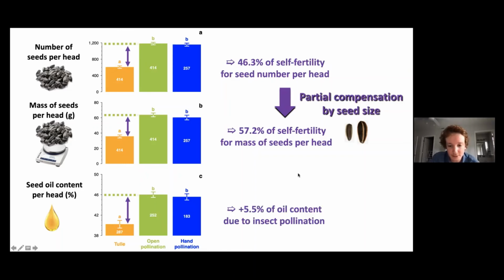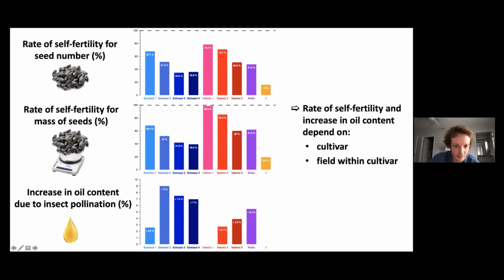And at last, the insect pollination led to an increase of the oil content by 5.5% in mean. But as we can see here, this rate of self-fertility for seed number or mass of seeds can change a lot depending on the cultivar, but also on the field for a given cultivar.